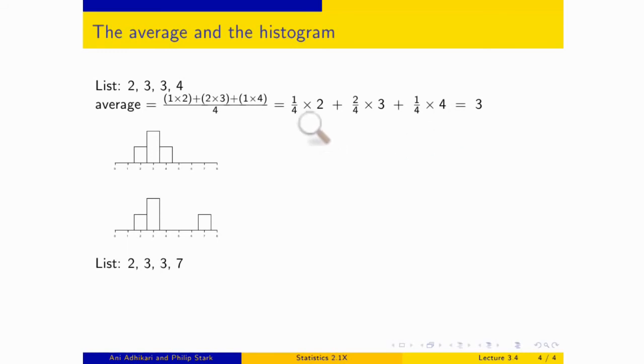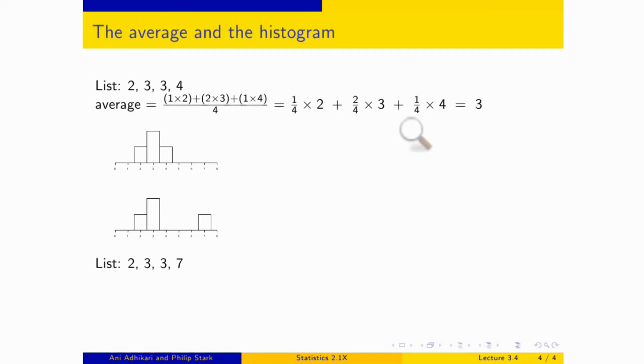And this calculation is saying that we are computing the average by saying 1/4 of the list is 2, 2/4 are 3, and 1/4 is 4. And you can compute the average by multiplying the distinct values 2, 3, and 4 by their weights, and you will get 3. Now, what was the point of doing this when we can just perfectly fine add 2, 3, 3, and 4, divide by 4, and then be done with it?